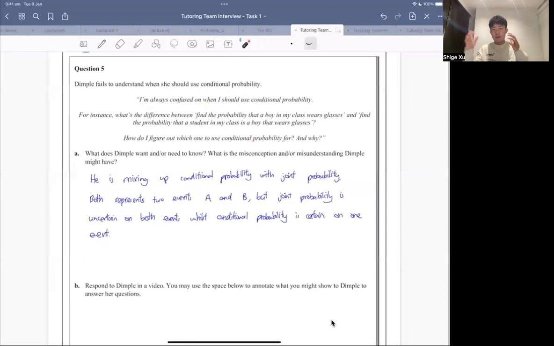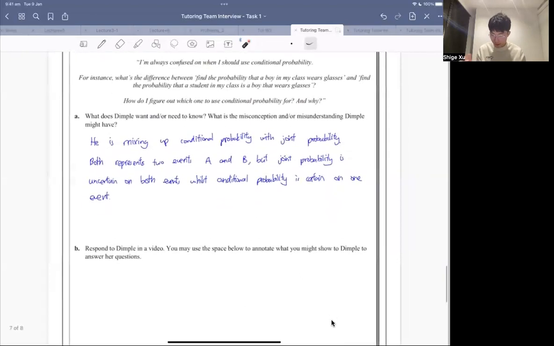So we need both events to occur, but we're not sure, as both events haven't occurred yet. Whereas conditional probability also looks at two events, but we know that one event is certain. So conditional probability is already certain on one event. That's the difference.